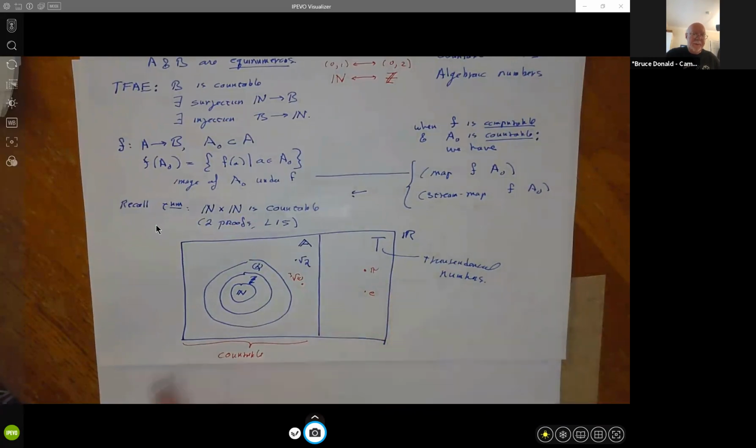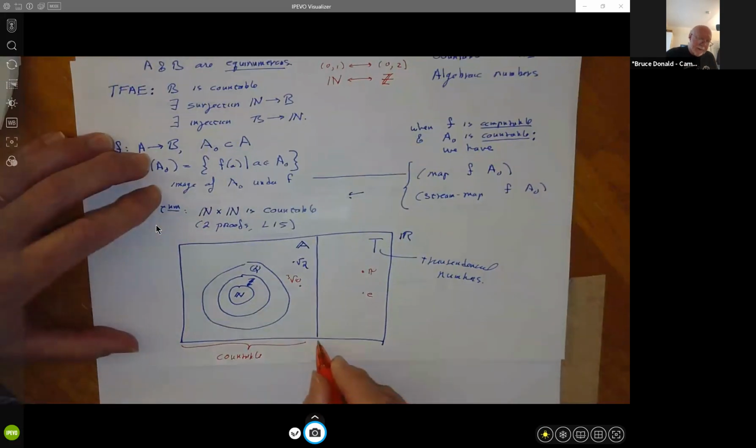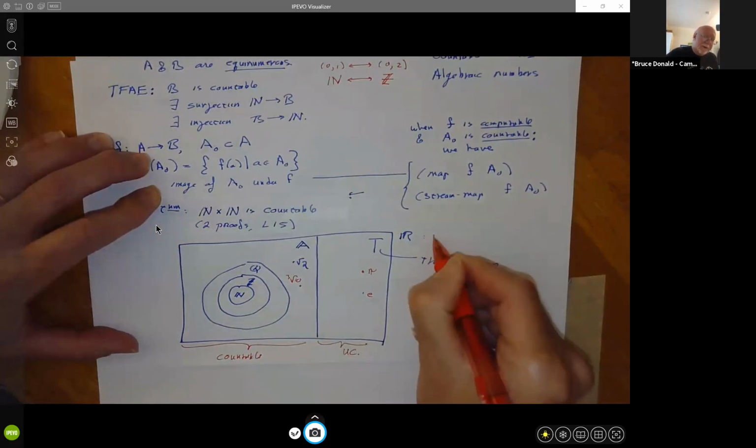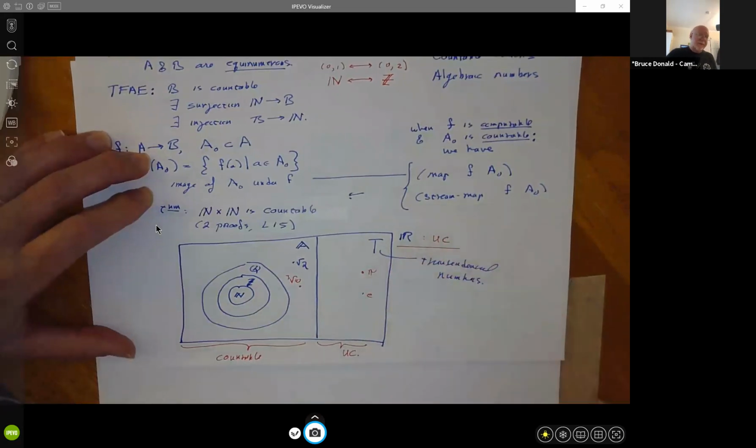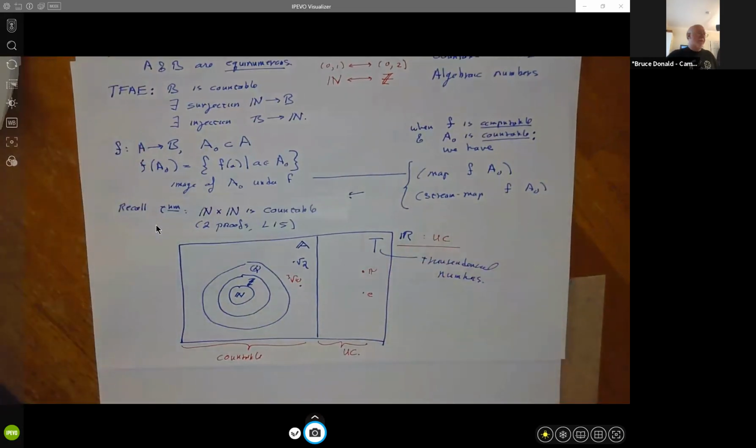It's rather difficult for people to enumerate a lot of transcendental numbers. So there are a lot of these numbers, but most people don't know a lot of their names. So this is very strange. These are uncountable, or UC, because the real numbers are uncountable. So lots of these strange creatures that are not the roots of any polynomials that have rational coefficients.